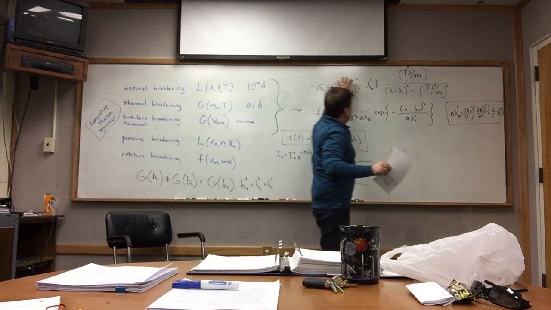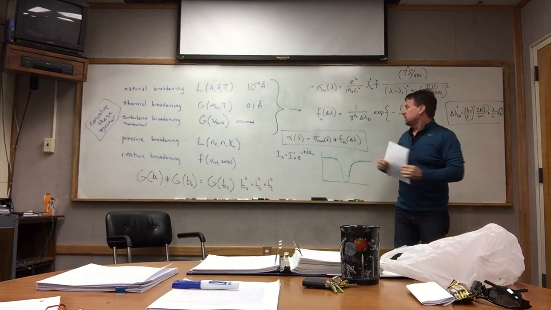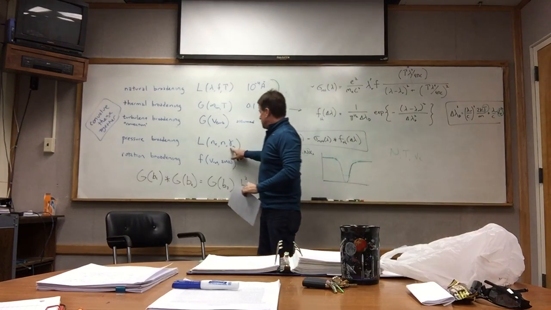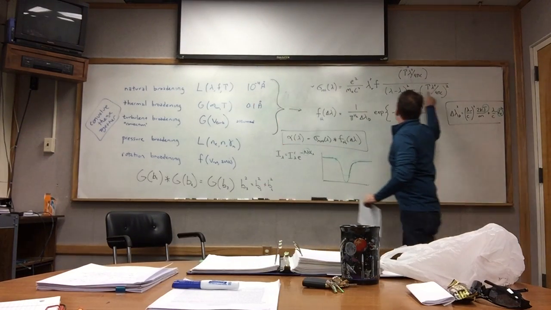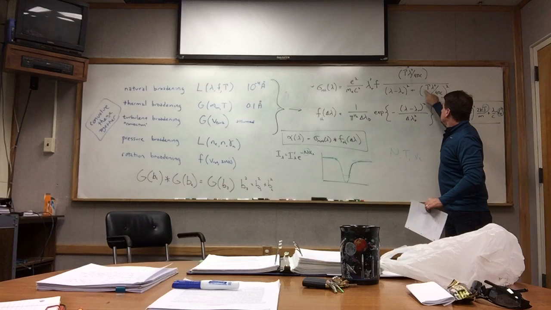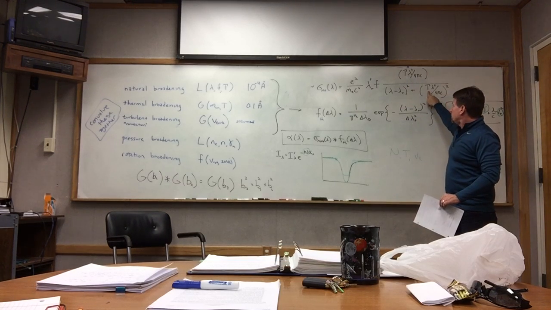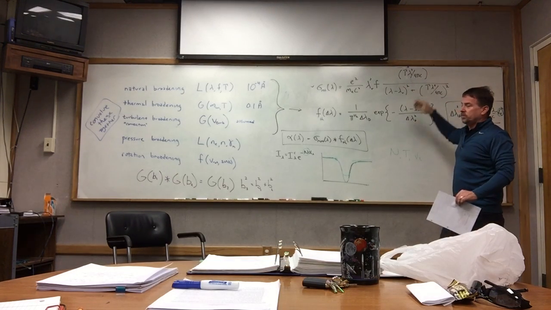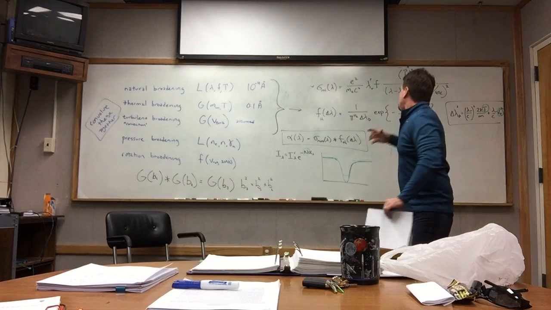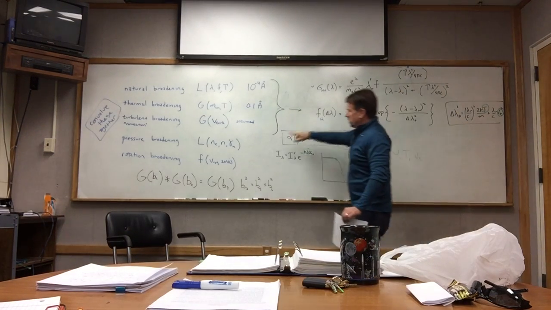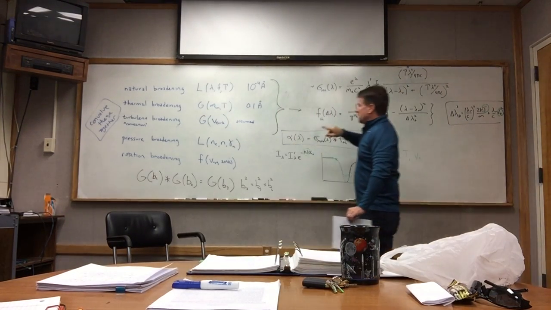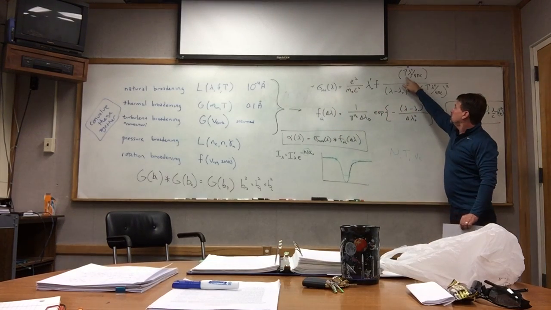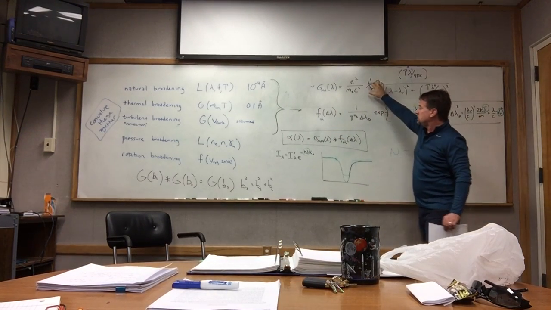Therefore, it has a functional form of Lorentzian, except now this gamma n goes in this location here. And so what you need to know for each type of physics that's going on with pressure broadening is you need to know what this gamma is. And once you know what that gamma is, you can plug it into the Lorentzian.